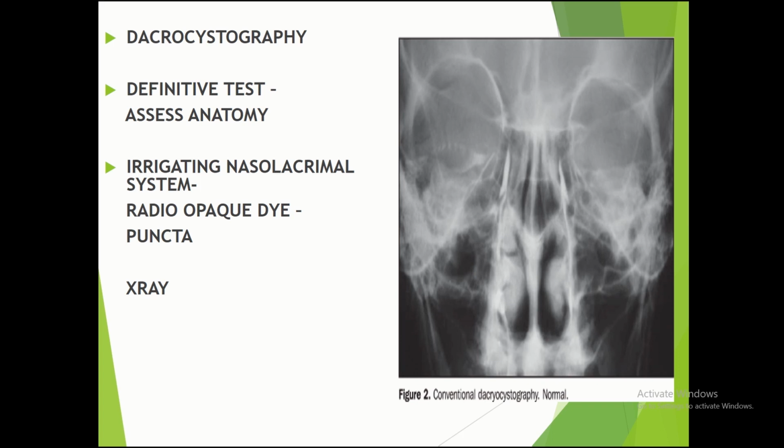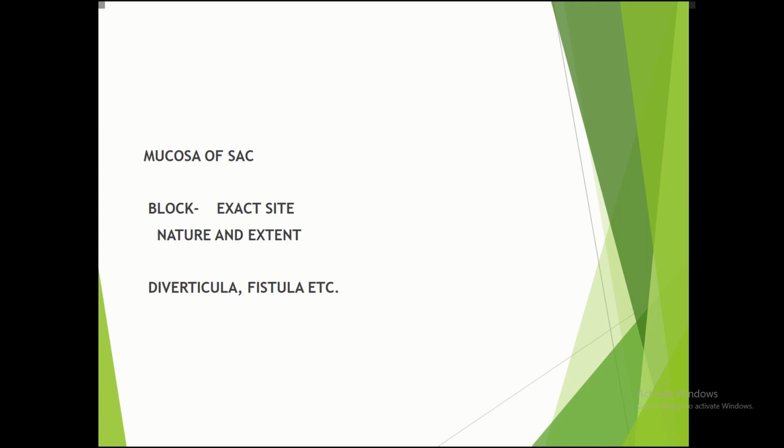The dye is instilled and it passes through the puncta and appears in the sac, and an X-ray is taken after that. This helps you to know about the mucosa of the sac, the exact site of the block, and the nature and extent of the block, and it can also pick up whether you have any diverticulum, fistula, all those things.